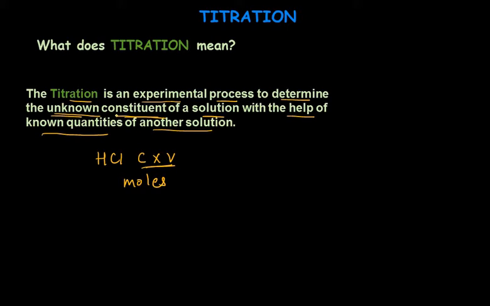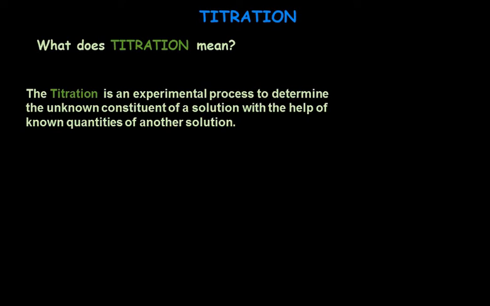So moles is an unknown constituent of a solution, and we can find that out with the help of a known quantity of another solution. For example, if we know the moles or concentration of another solution, then with the help of that known quantity, we can calculate the unknown quantity of the other solution.